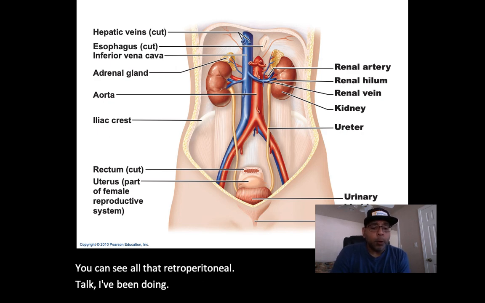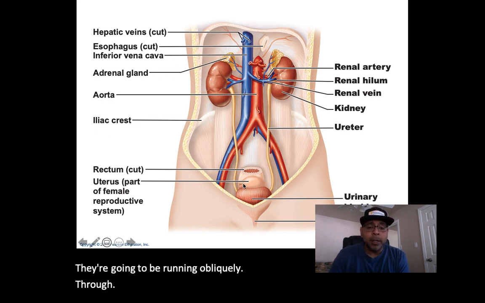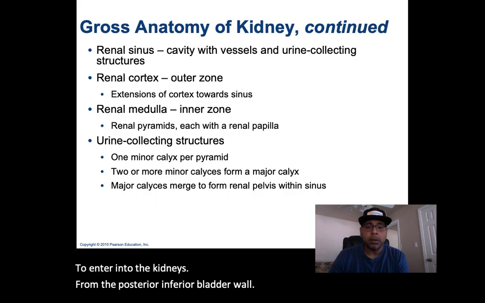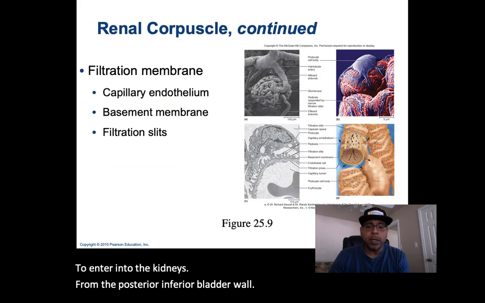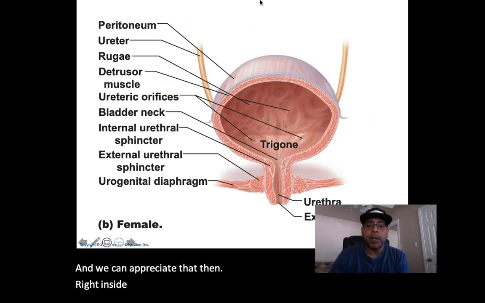They're going to be running obliquely to enter into the bladder through the posterior inferior bladder wall. And we can appreciate that right inside of here very nicely.